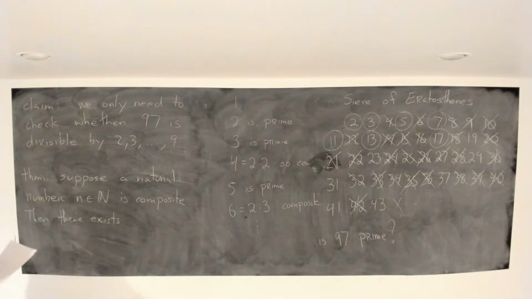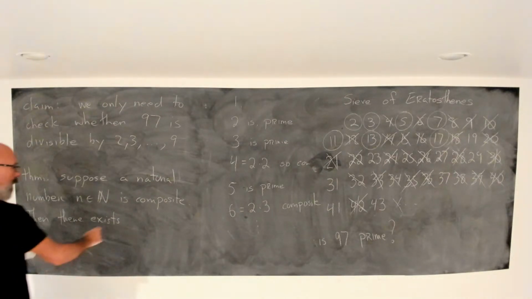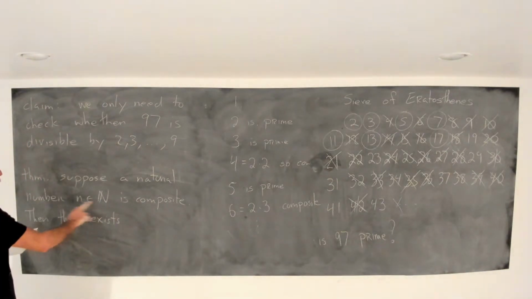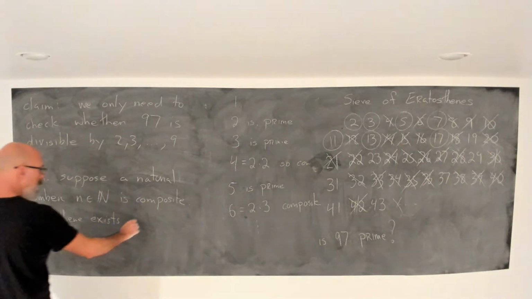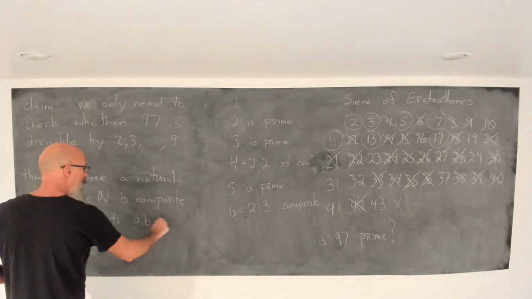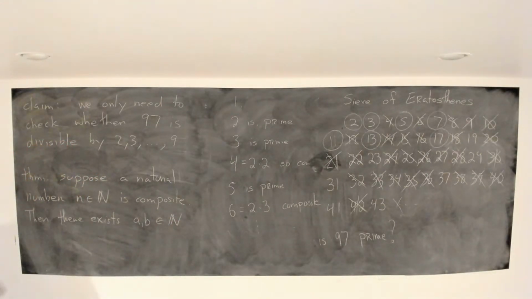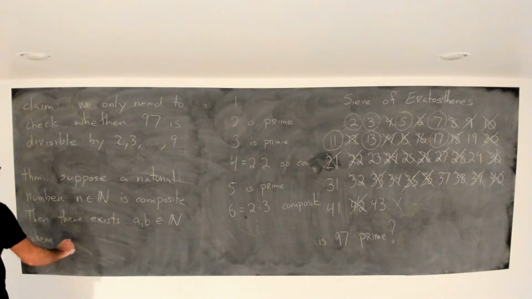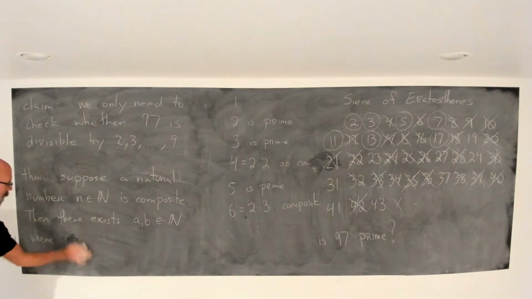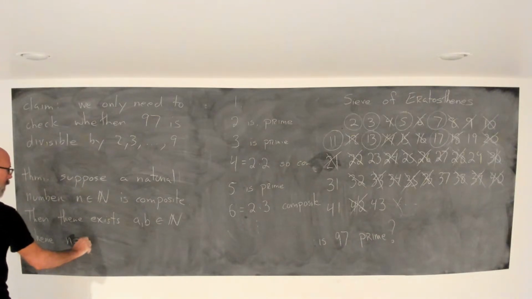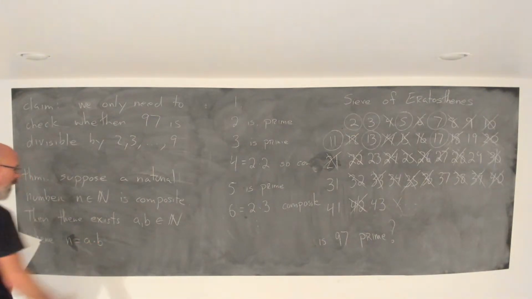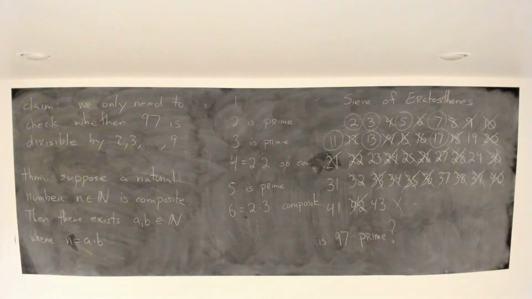It means that it is the product of two numbers other than one and itself. So there exist two natural numbers, A and B, where n is the product AB.